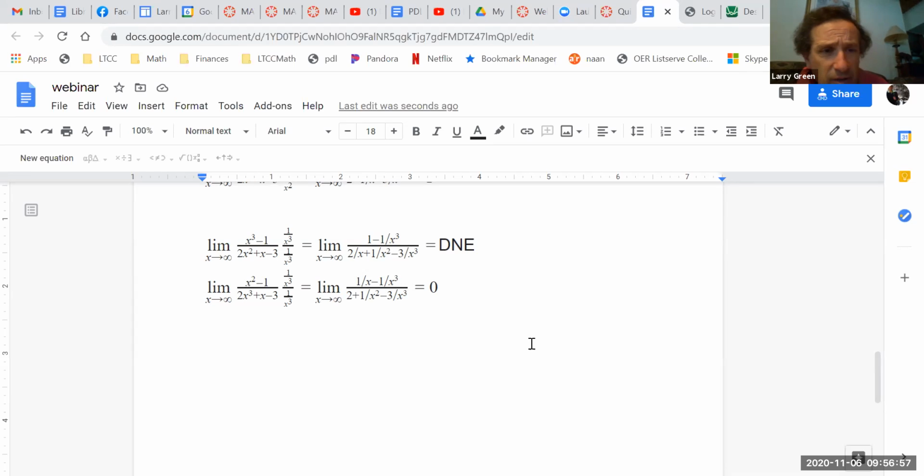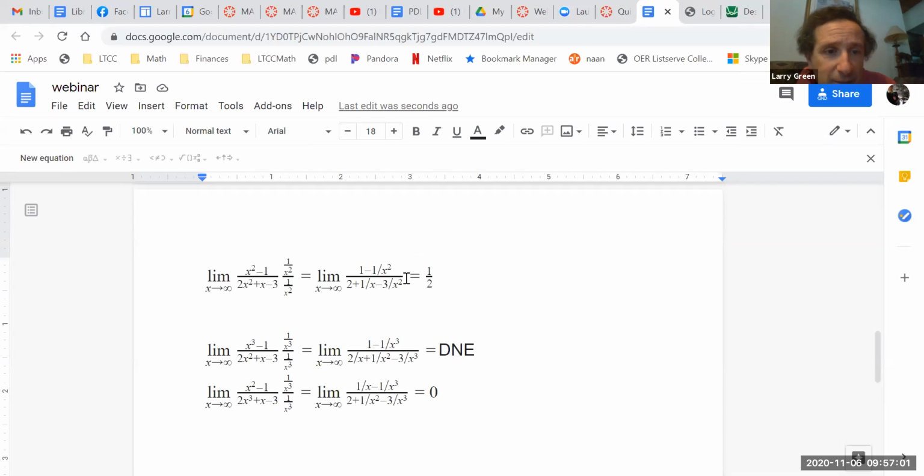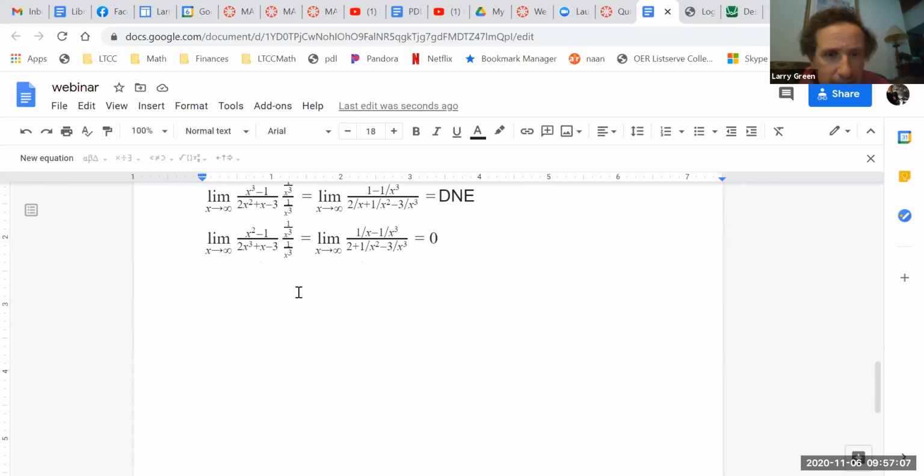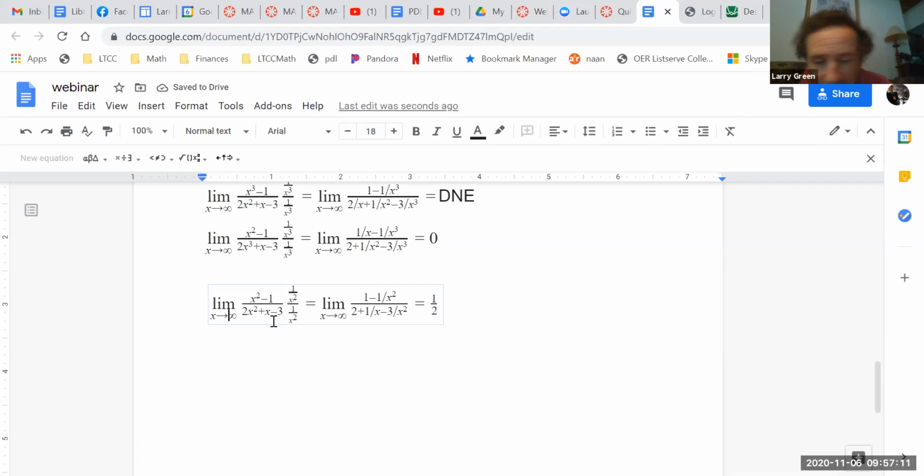Okay, just a note, if it's negative infinity instead of a positive infinity, let me just do this first one, because that's the one that really is interesting. The others don't matter. You get the same answer. So if x goes to negative infinity, then not much changes, does it? Do you get the same answer? What do you think?